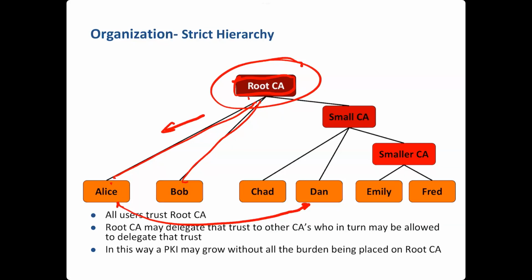Dan knows the public key of this CA, and this CA's public key must be certified by the root CA. So when this CA sends Dan his own public key, which he may publish, along with the small CA's public key certified by the root CA, this certificate he must attach. Okay, this is how it will work.